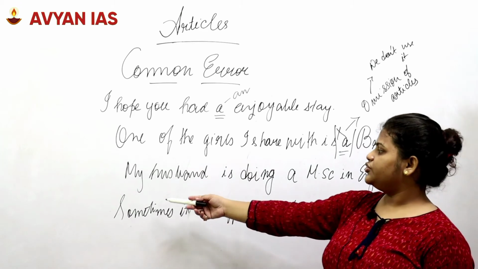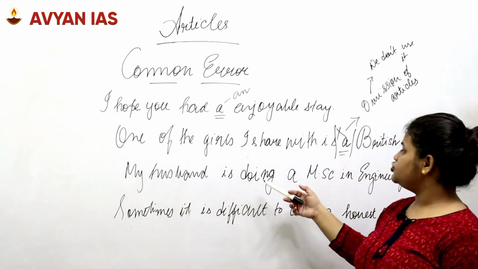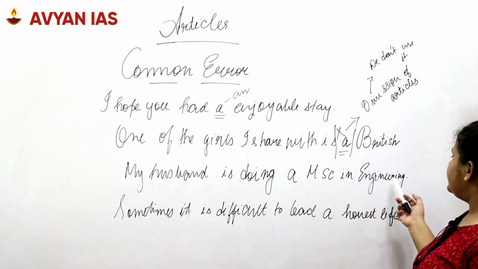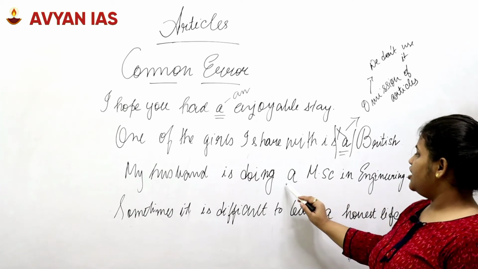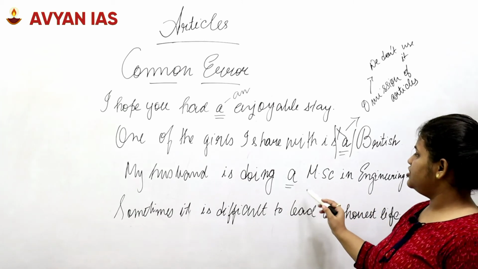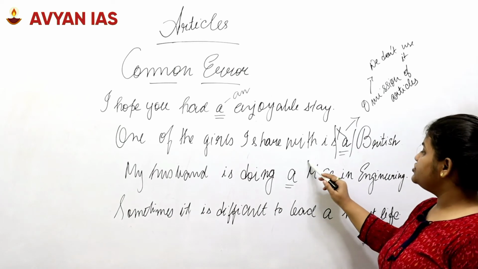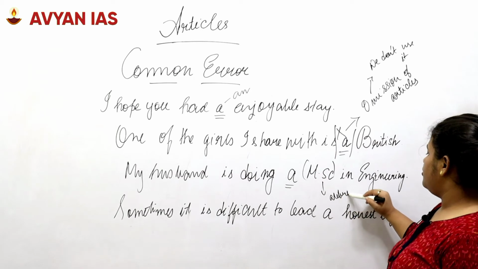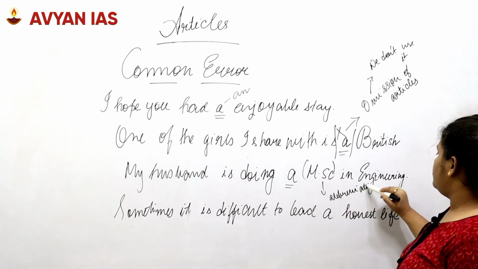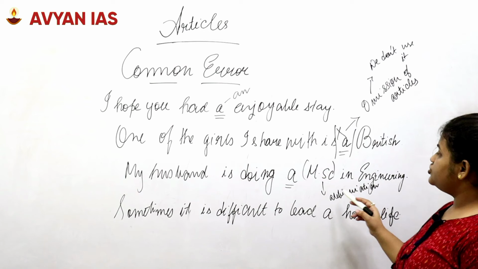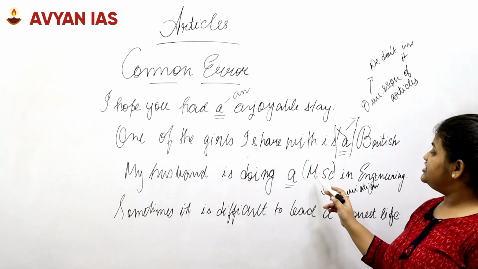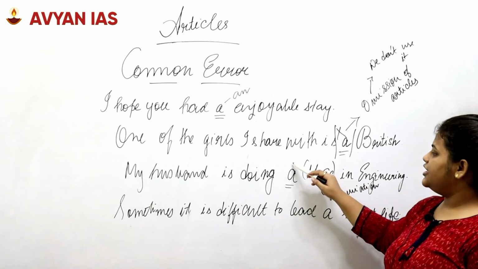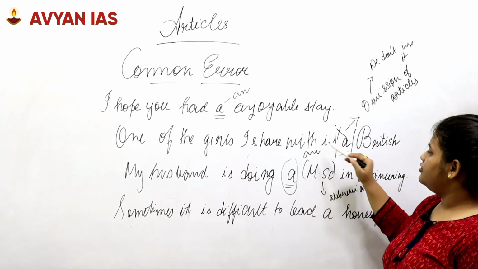Another exception which we come towards is, my husband is doing a MSc in engineering. Using a here is not correct because we are using an abbreviation. Abbreviations for a degree will generally not use a, they will use an.